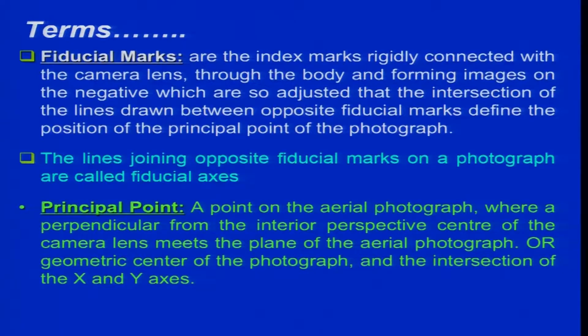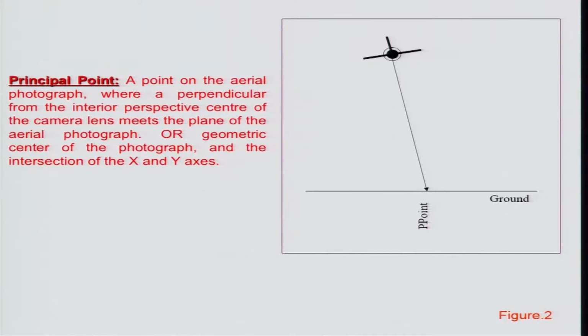So, if you look at this here, this is the principal point. Okay. So, this is the plane of your camera lens you can take, and exactly perpendicular to that will be your point on the ground. So, this is your principal point.